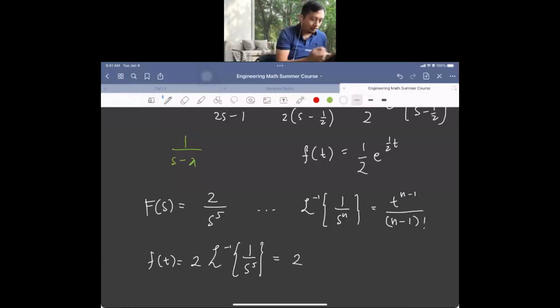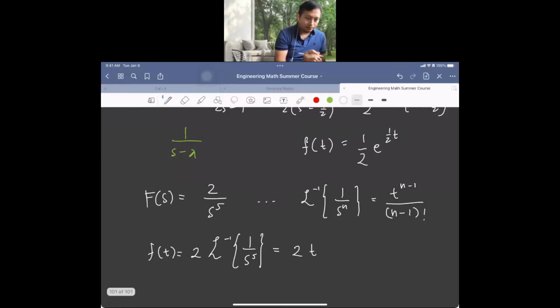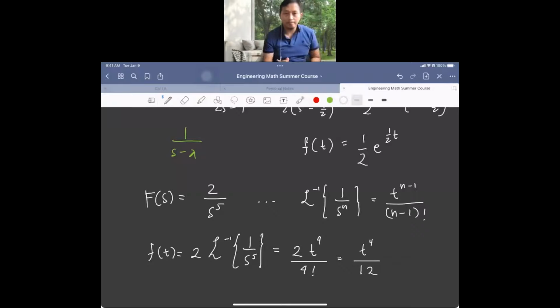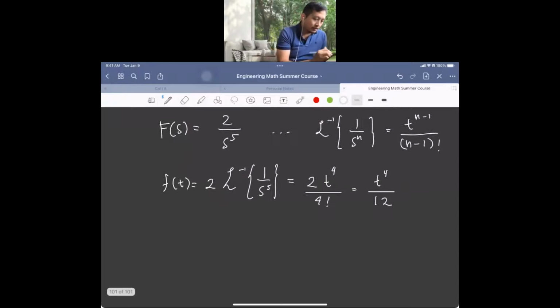So this will be 2 multiplied by t to the n minus 1, so 5 minus 1 is 4, divided by 4 factorial. Or we could say this is t to the power of 4 divided by 12. So we start slowly and make you familiar first, before we go to the differential equations.